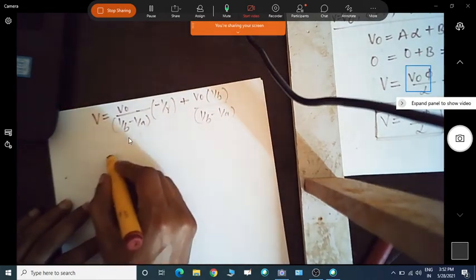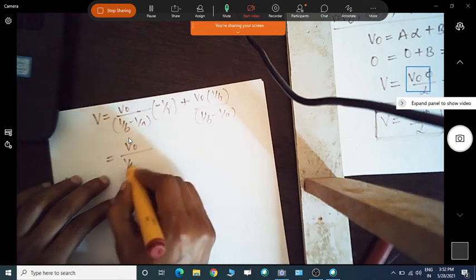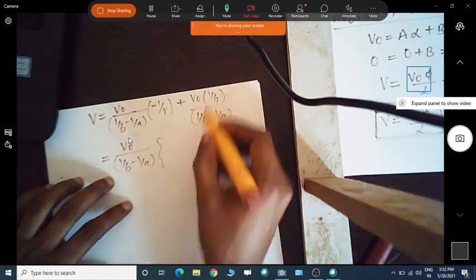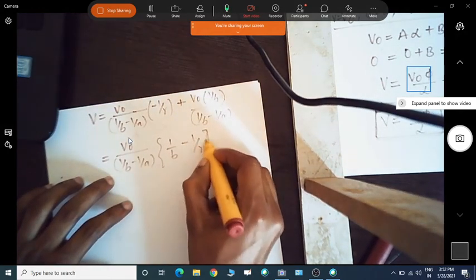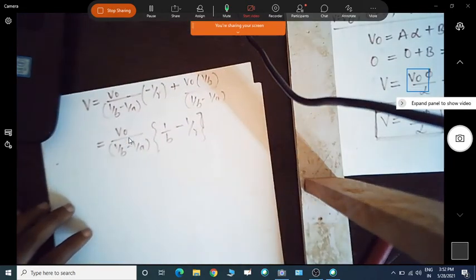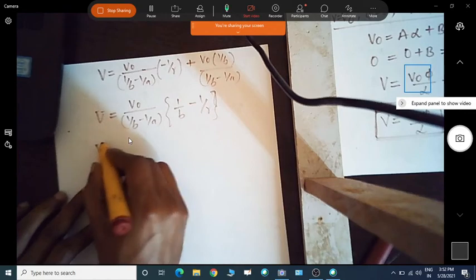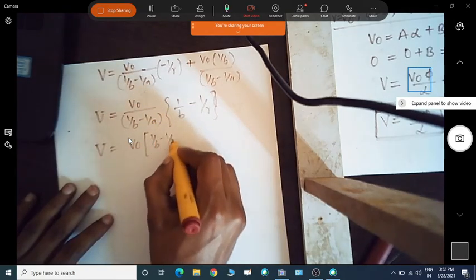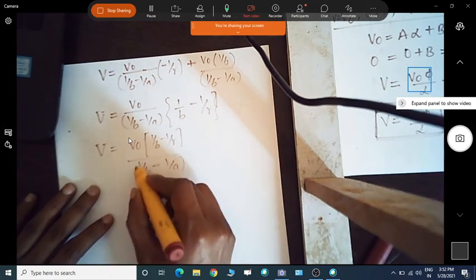Now we can take out V naught by (1 over b minus 1 over a). If I take that out of the equation, we will have 1 over b minus 1 over r. So we can write V as V naught into (1 over b minus 1 over r), divided by (1 over b minus 1 over a).